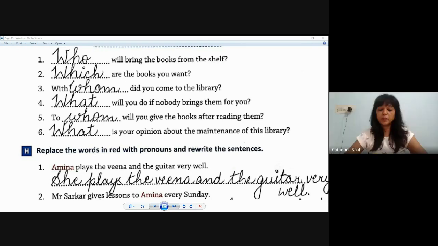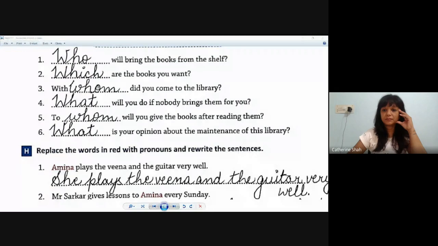Okay, now we have to replace the words in red with pronouns and rewrite the sentences. Amina plays the veena and the guitar very well. So what pronoun are we going to use for Amina? Divyosha. Divyosha will leave the meeting. Where is Divyosha?